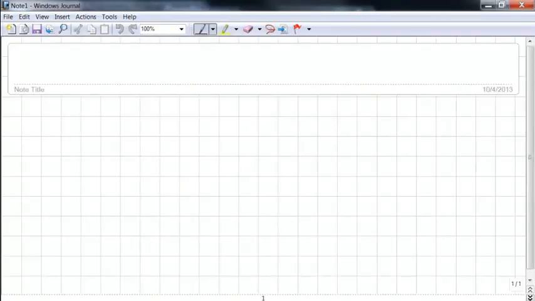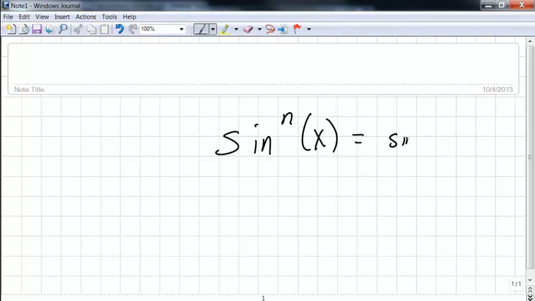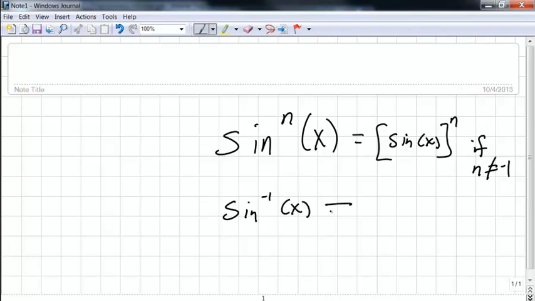One of the reasons I don't like the negative 1 superscript is that if it was any other number, if I say sine to the n of x, this means take sine of x and then raise that whole quantity to the n, and this works for any n that's not negative 1. But sine negative 1 of x does not mean sine of x to the negative 1 power.